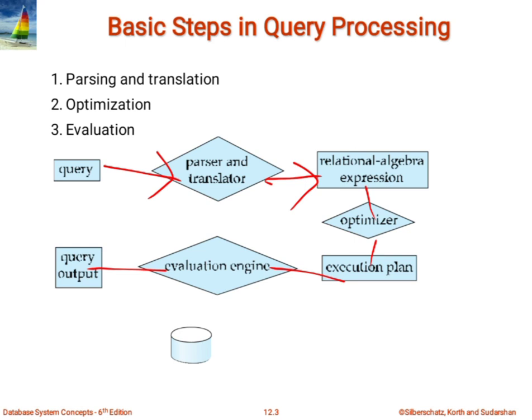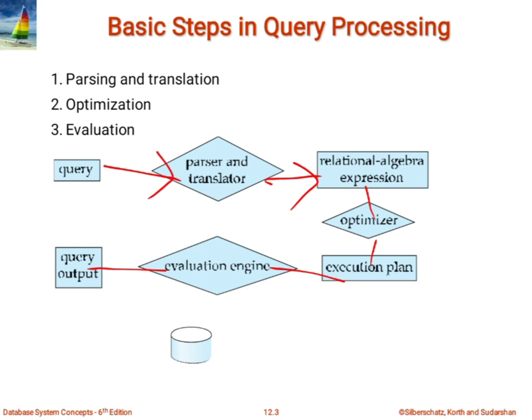Whenever we write a query, suppose in SQL, it will first be checked for syntax, like in our programming. Whenever we write a program in any language, suppose in Python, it is first checked for syntactical errors. If there is no syntactical error, then it gets compiled, and later on it gets run.